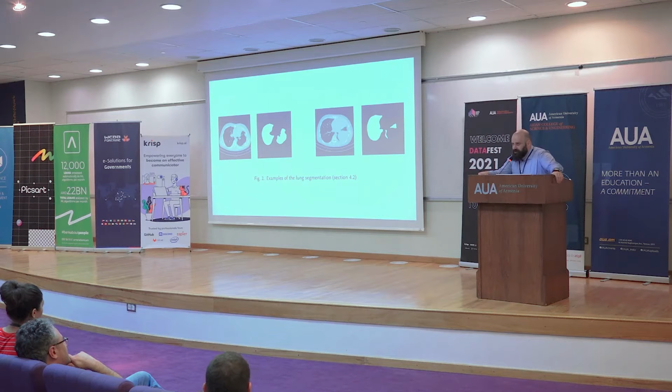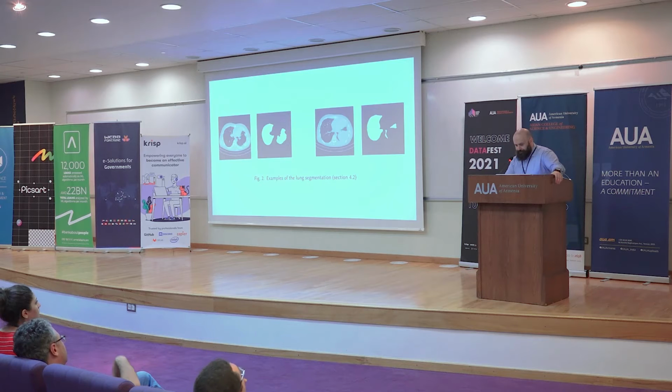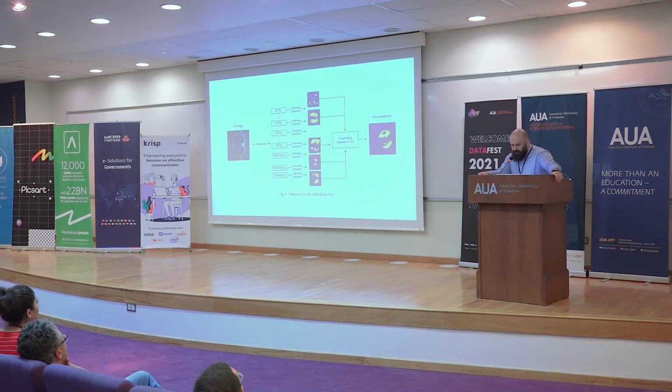Another task that we did is a model that segments lungs. It's actually not a very hard task, and we used several data sets to build a model that worked well. We used that model together with the segmentation model. So we have a single CT scan slice as an input.